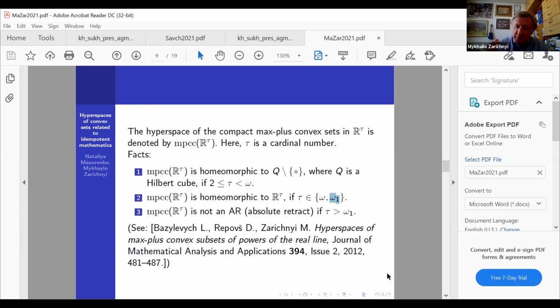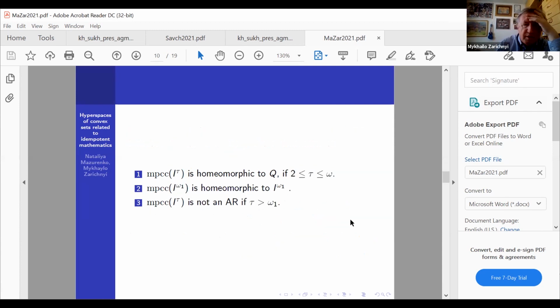These projections could be described as trivial bundles, and therefore we obtain R to the power omega-1 in this situation. And why not absolute retract? Also, we have to apply this analysis of inverse spectra, inverse systems, as we say.